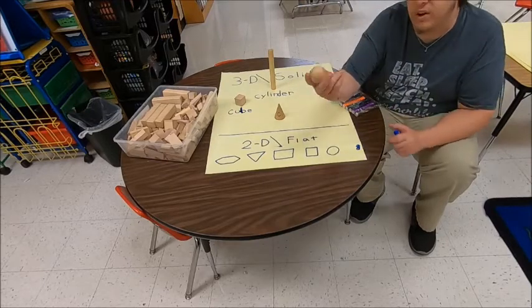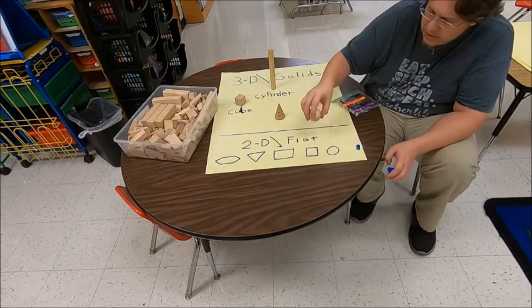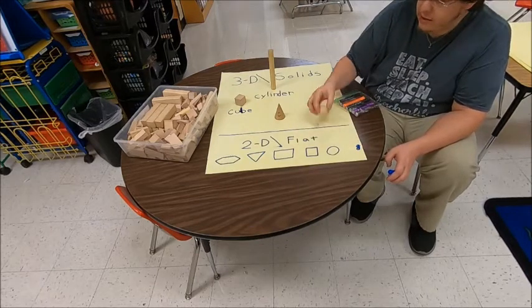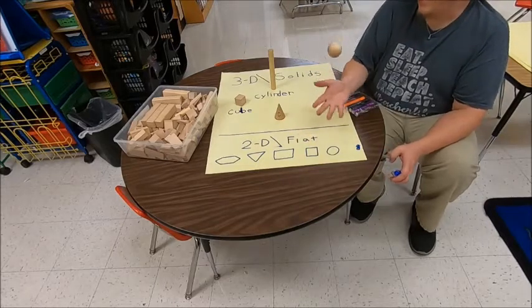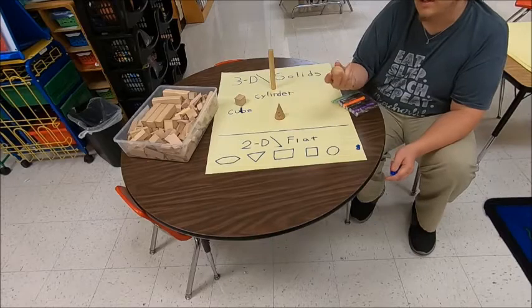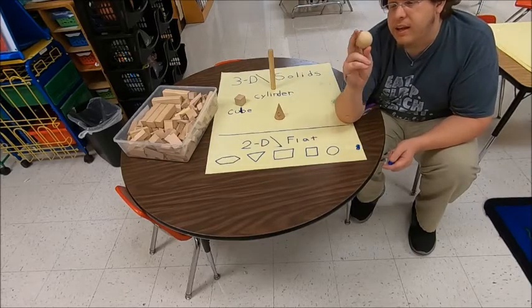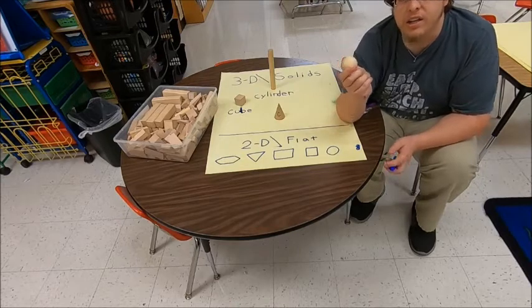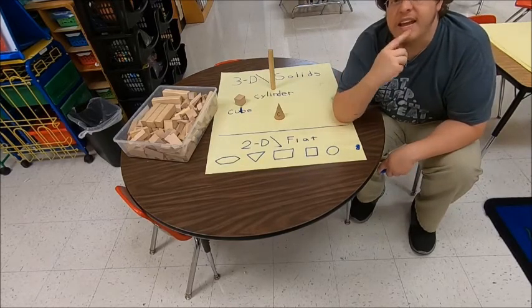What do you think this one is called? It doesn't really bounce well, but it rolls, and it'd be pretty good for playing baseball. It's not a ball, though. Do you know what this is called? A sphere. Can you say that with me? Sphere.